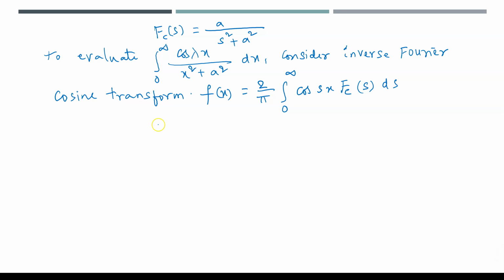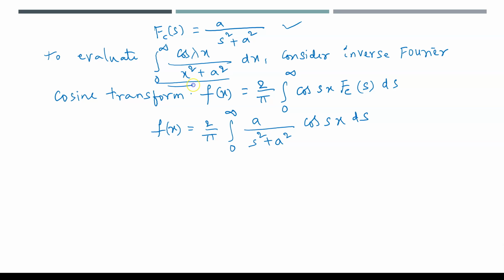So here f(x) equal to 2 by pi integral 0 to infinity, and Fc of s we know, so we can write a by s square plus a square into cos sx ds. So here there is no need to evaluate this integral. If you simplify this integral, we will get this integral. We just have to transfer the extra terms to the left hand side.